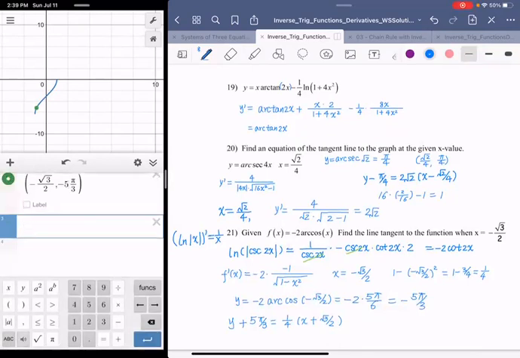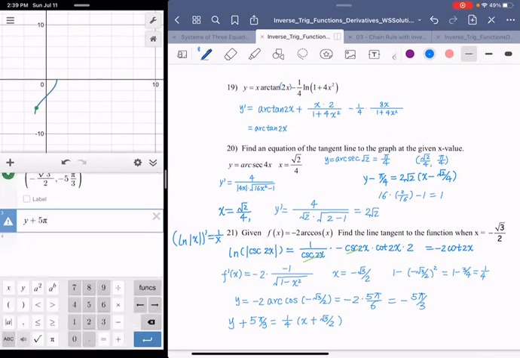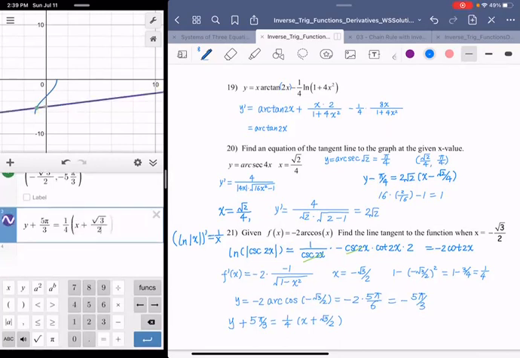And then if we write that down, we say y plus 5 pi over 3 equals 1/4 times x plus square root 3 over 2. What's going on?